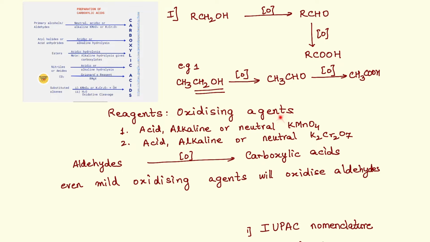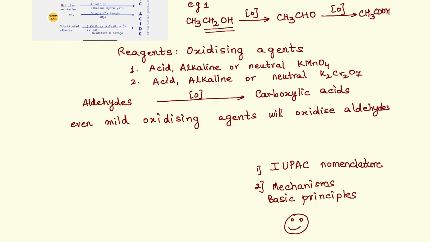The reagents, the oxidizing agents, as I said, acidic, alkaline or neutral KMnO4. Also, please write over here, primary alcohol. We teachers assume a lot of things, so I think it is better to be specific. Again, acidic, alkaline or neutral potassium dichromate. Aldehydes on oxidation with mild oxidizing agents will also give us carboxylic acids.